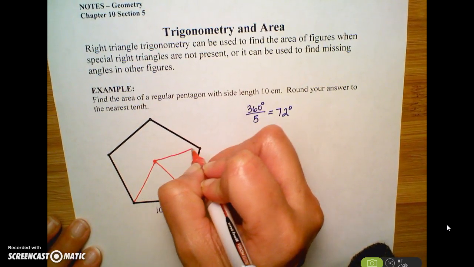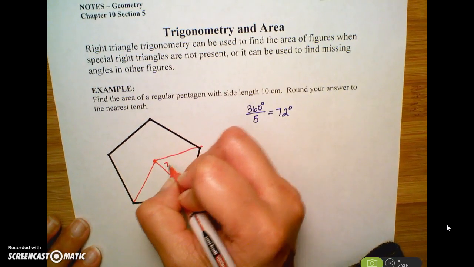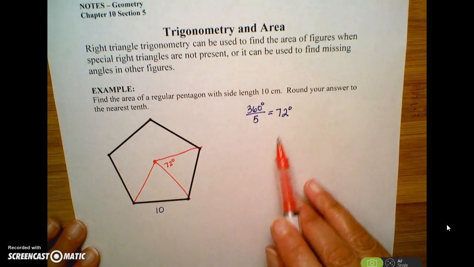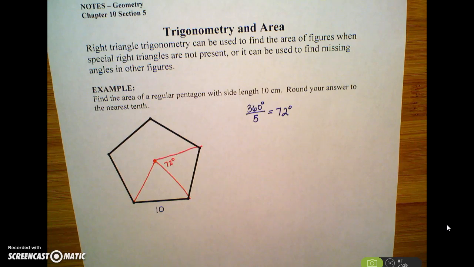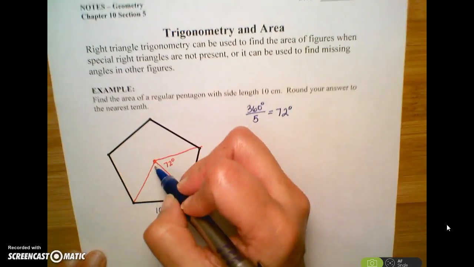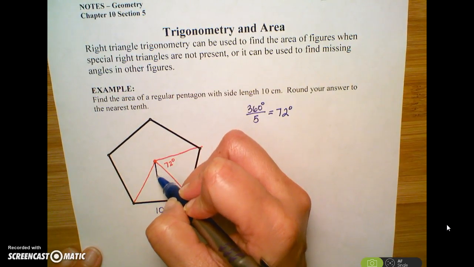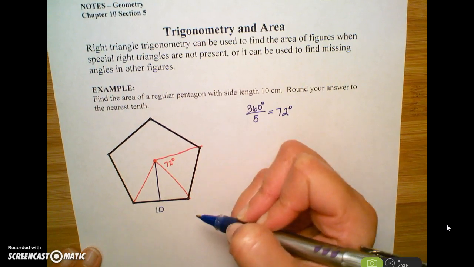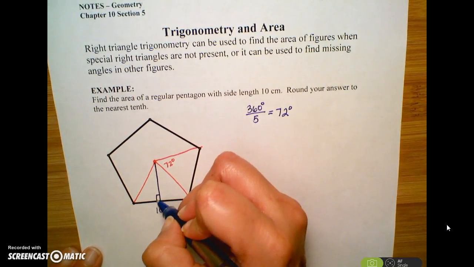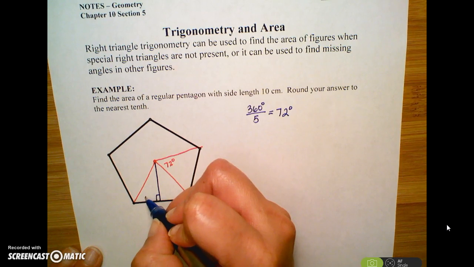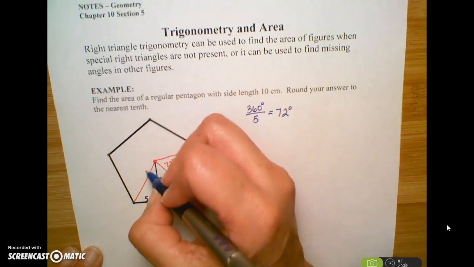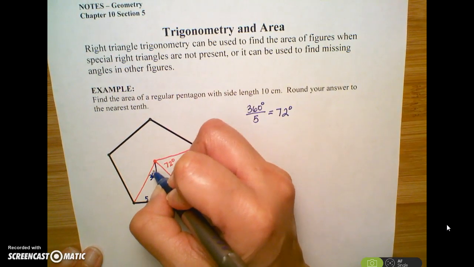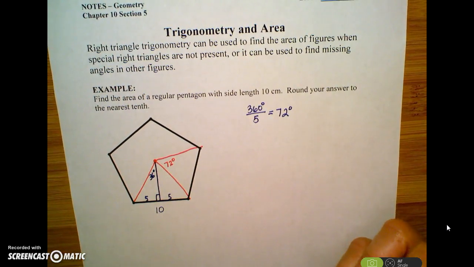I'm going to draw a second triangle, and I'm going to say this is 72 degrees because that's what we just found out, that the central angle is 72 degrees. But then what happens is the apothem comes down. It's perpendicular here. It bisects this into 5 and 5, and it also makes this a 36-degree angle because the 72 gets bisected.